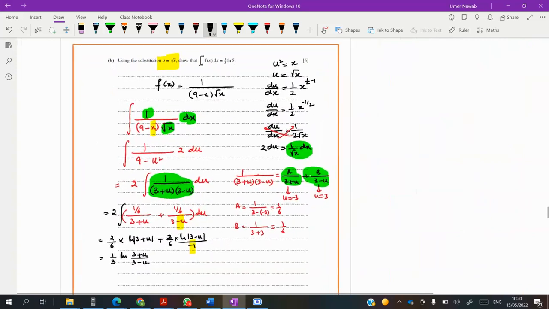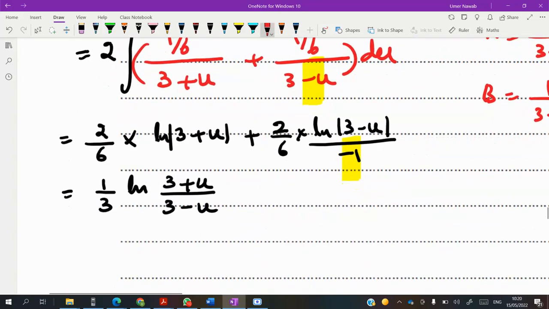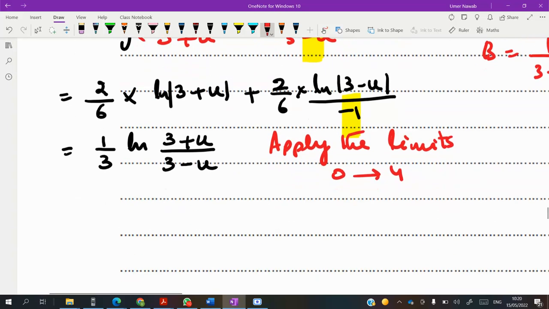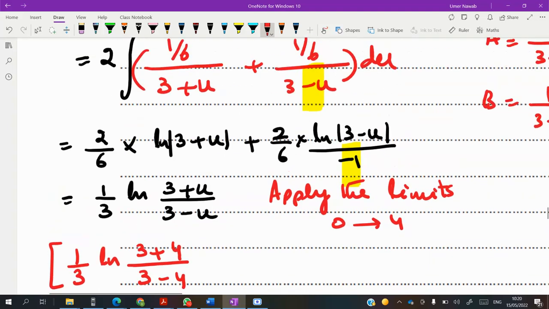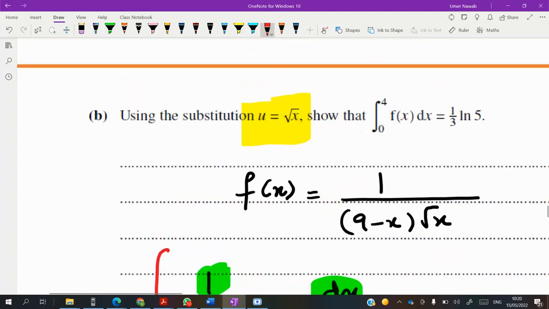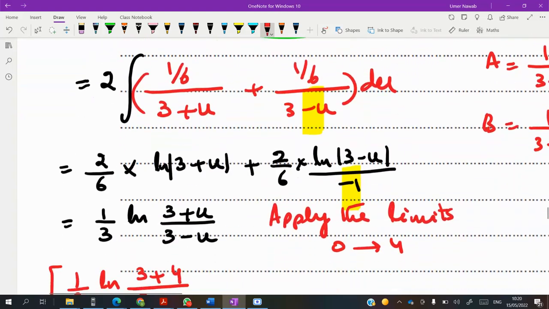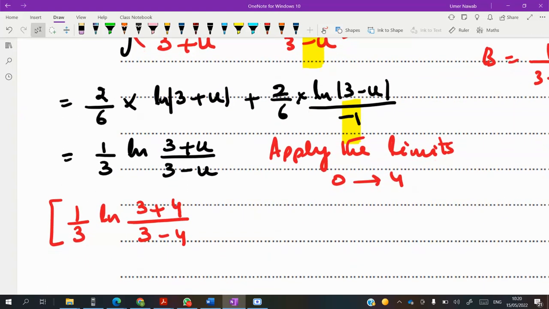Now apply the limits from 0 to 4. When you do this, 1 over 3 ln of 3 plus 4 over 3 minus 4. Clear? When I substitute it, I got this ln of 3 plus u.